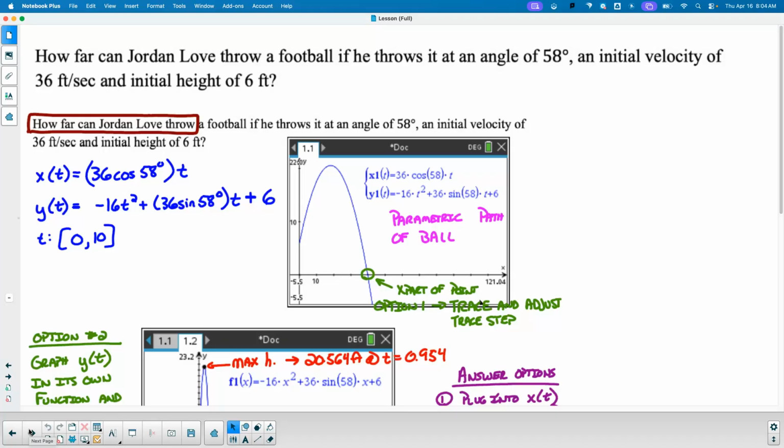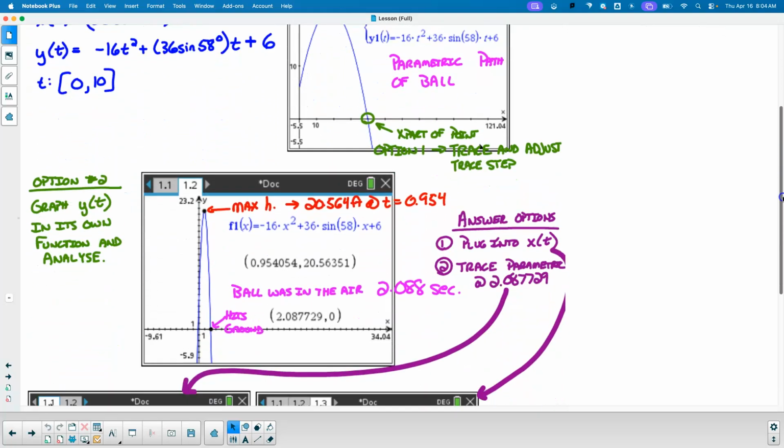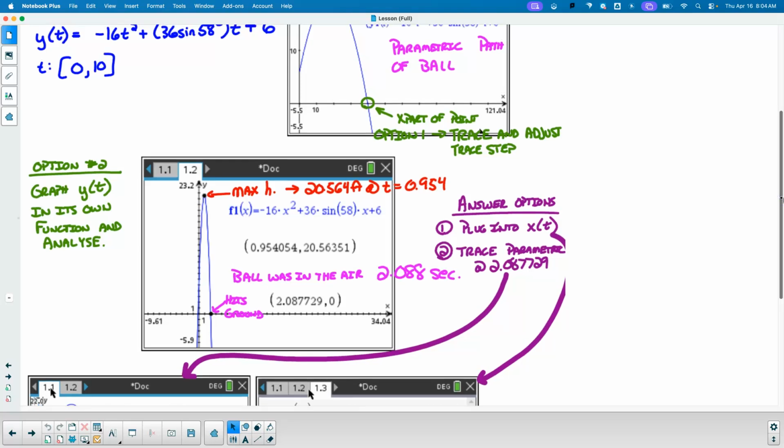Then we said our option number two was we can graph just the y of t function as a regular f of x function, and we can analyze that graph.